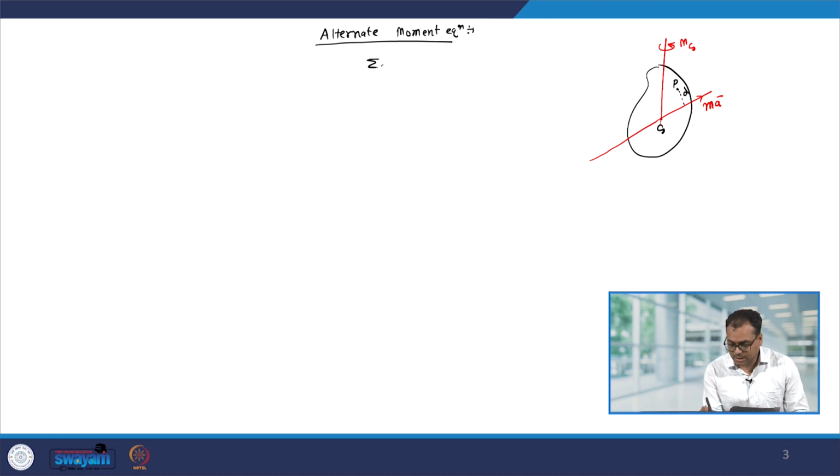Then summation MP, or the moment about P, will be the moment about the mass center G plus the force times the perpendicular distance, so ma times d.